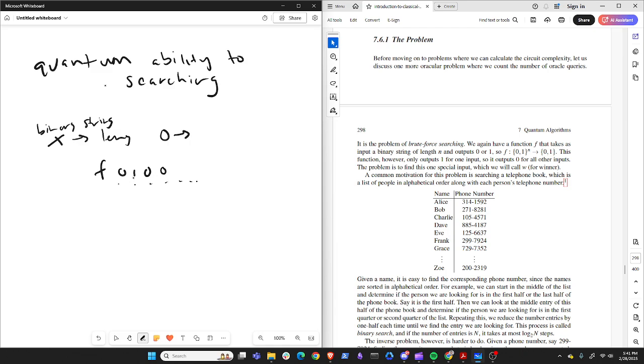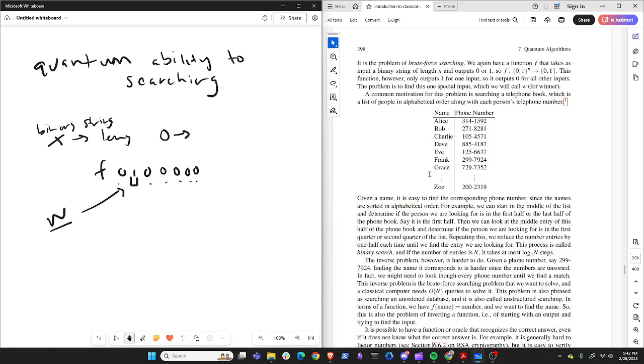However, it only outputs 1 for one particular element of the bit string, and outputs 0 for all others. So the problem is how efficiently can we find w, which is this winner, the element that it's looking for.